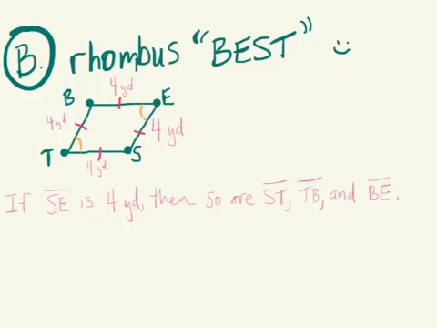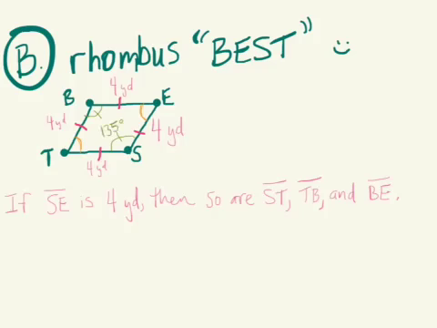Also, we know that since it's a rhombus, the opposite sides, the sides looking across at each other, the opposite angles looking across at each other, are the same measurement. Not necessarily all 4, although it could be, but at least the opposite angles have to be the same as each other. Our cool trick about quadrilaterals is that all the angles will add up to 360 degrees, so we only have to know one of them.